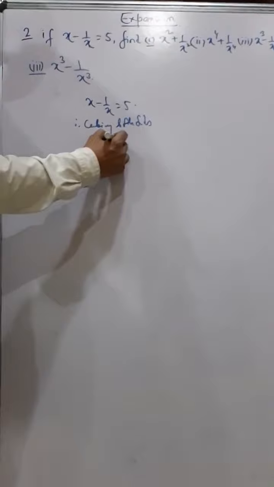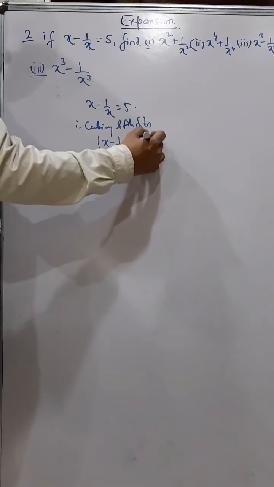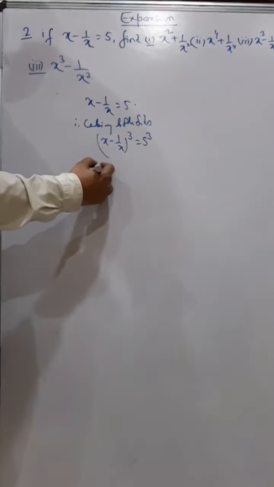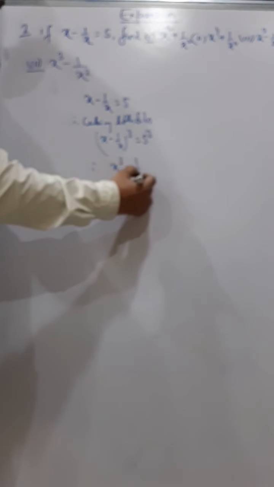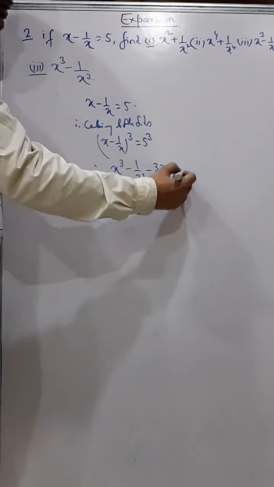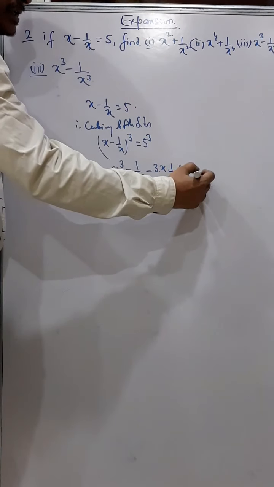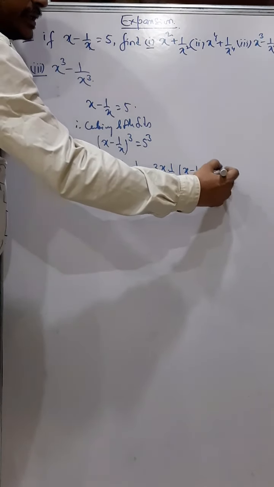So we can say it is x minus 1 by x whole cube is equal to 5 cube, and then a minus b whole cube, and that is the formula a cube minus b cube minus 3 into a into b, and in bracket a minus b, and that is equal to 125.